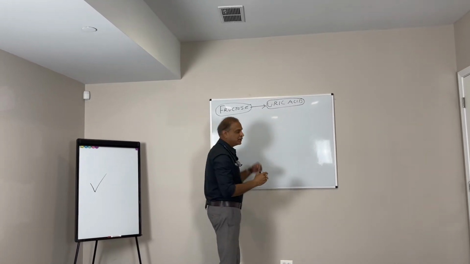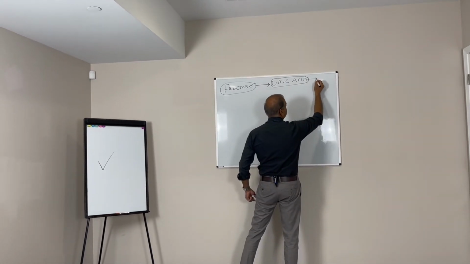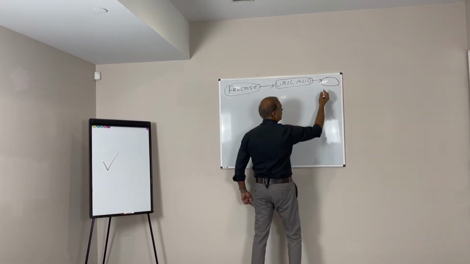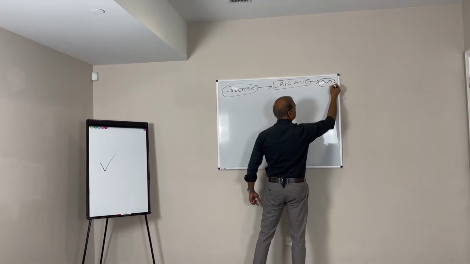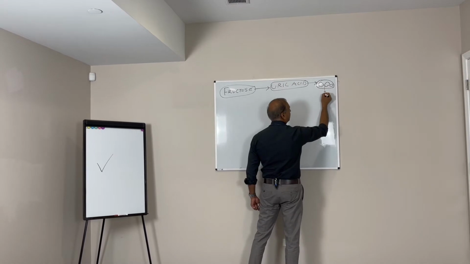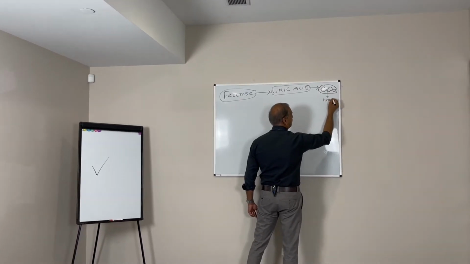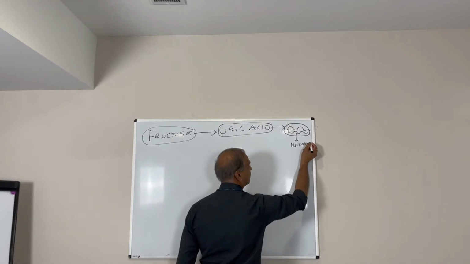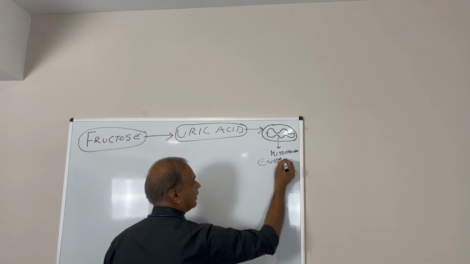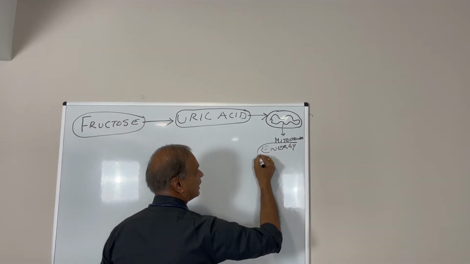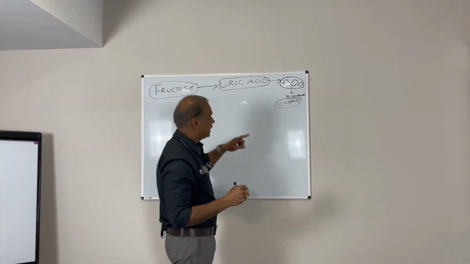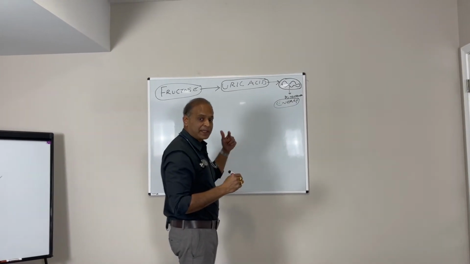Uric acid relates itself in various pathways to an important organelle in our body called mitochondria, the powerhouse of the cell that makes energy. I will come to the details of how it influences mitochondria in terms of energy making or decreasing energy in my next topics.